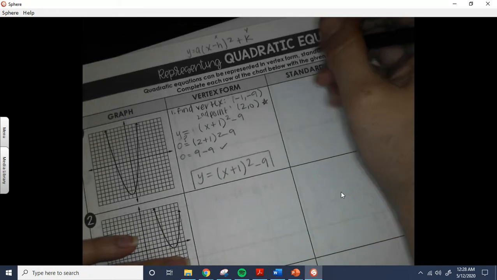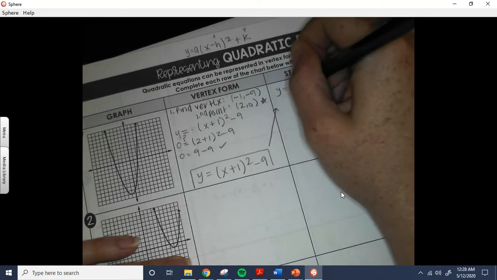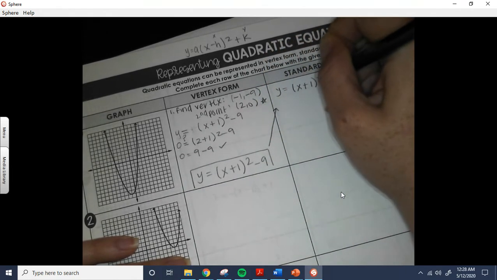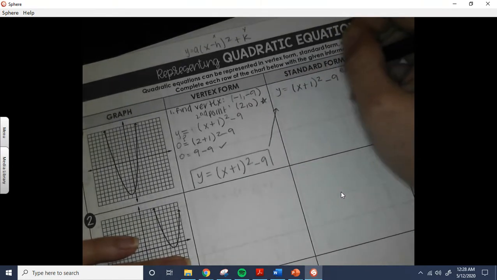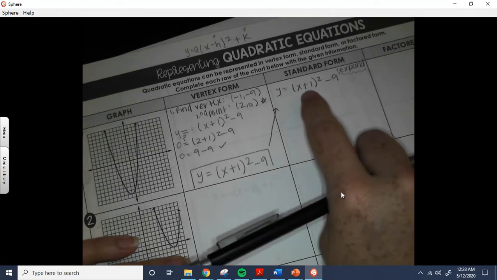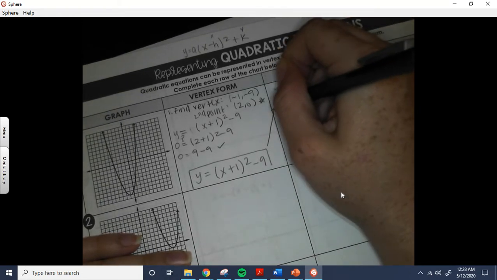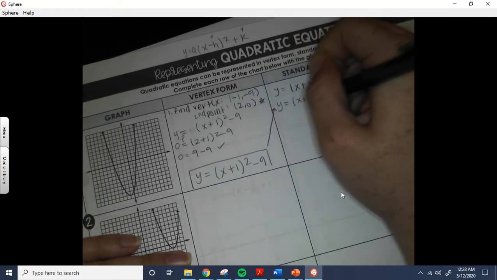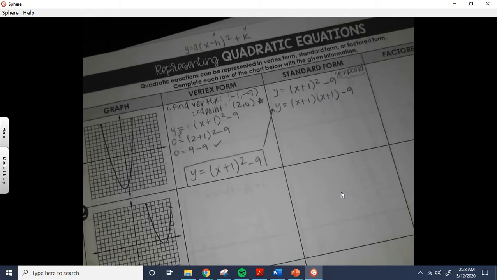So now we're going to take this and expand it. In order to expand, this binomial needs to be squared. Well, we know what a binomial squared looks like. It's just (x plus 1) times (x plus 1). Some of you are like, wait, I know the trick, and that's great.